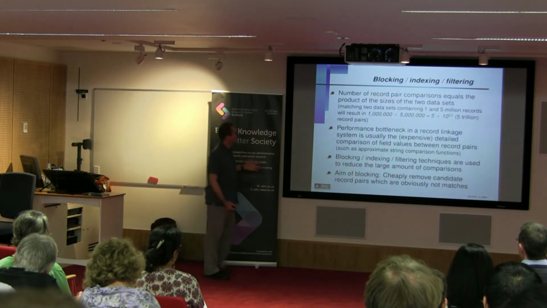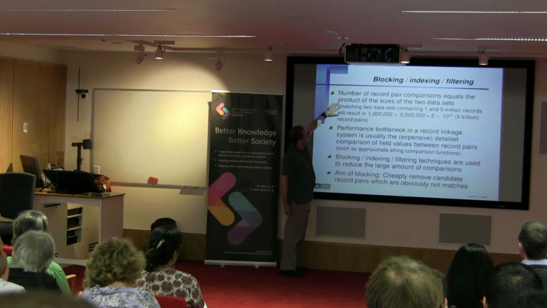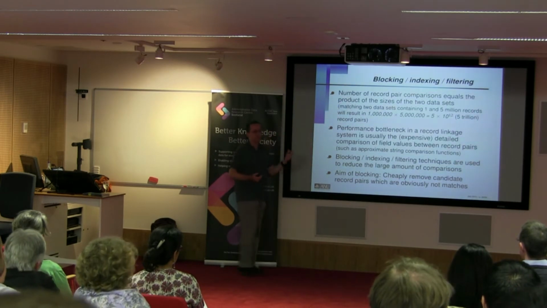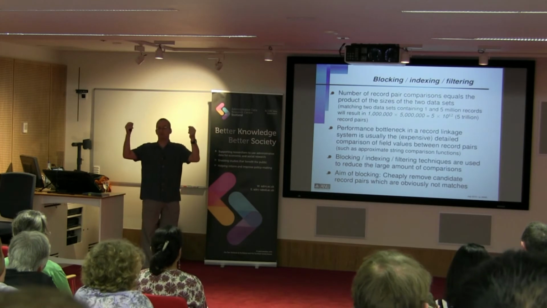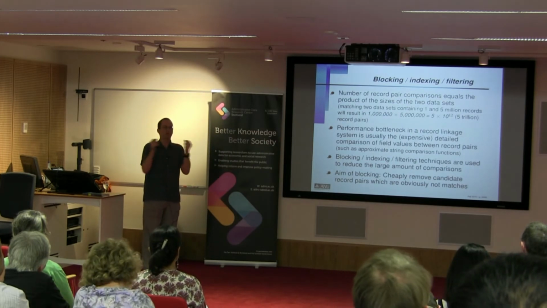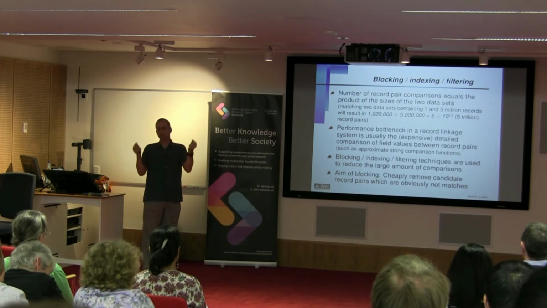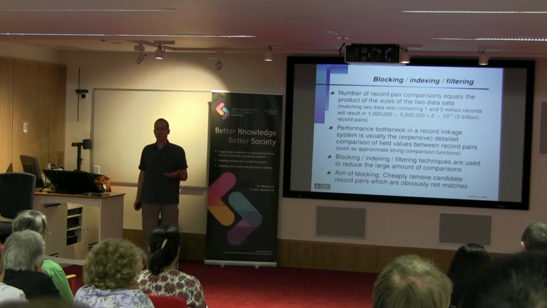If we assume that none of these two databases has duplicates, so there's only one record per person in each of these two databases, then the maximum number of links we should find should be 1 million, right?